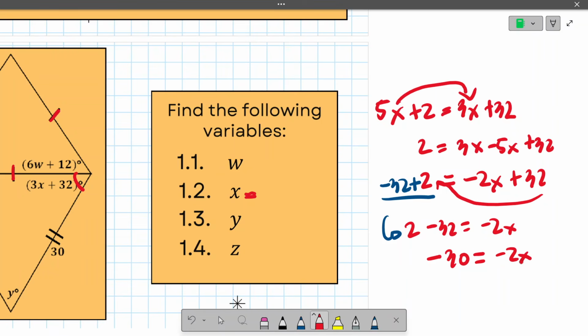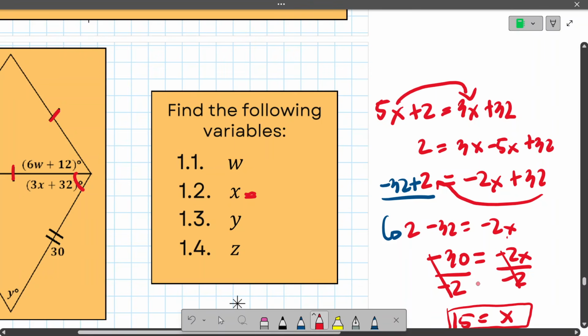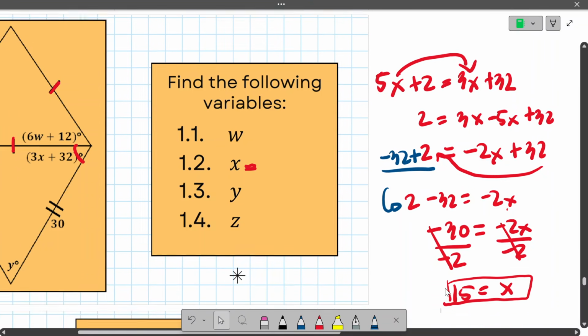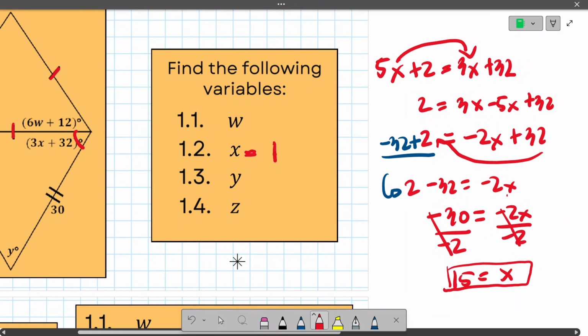And then negative 2x, and then divide both sides by negative 2 to give us 15 over, ayan, x na lang. That's it lang. That is our x. Our x is 15.